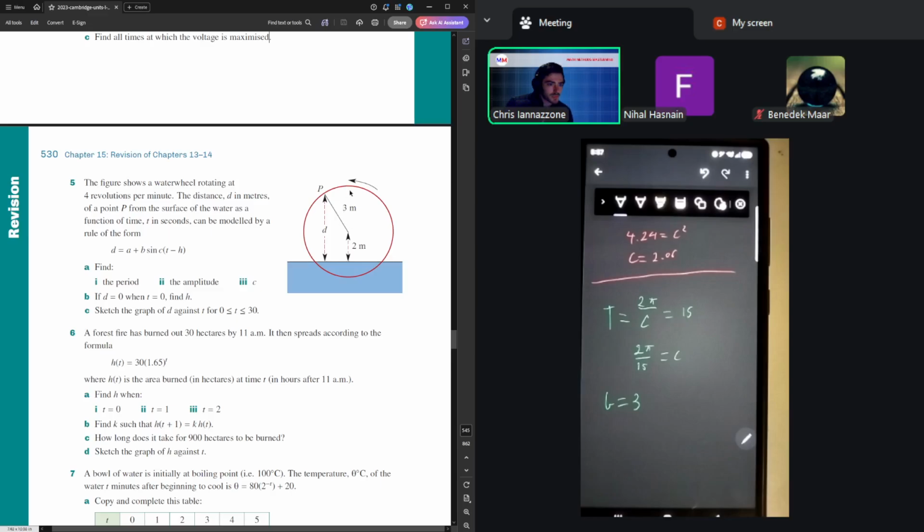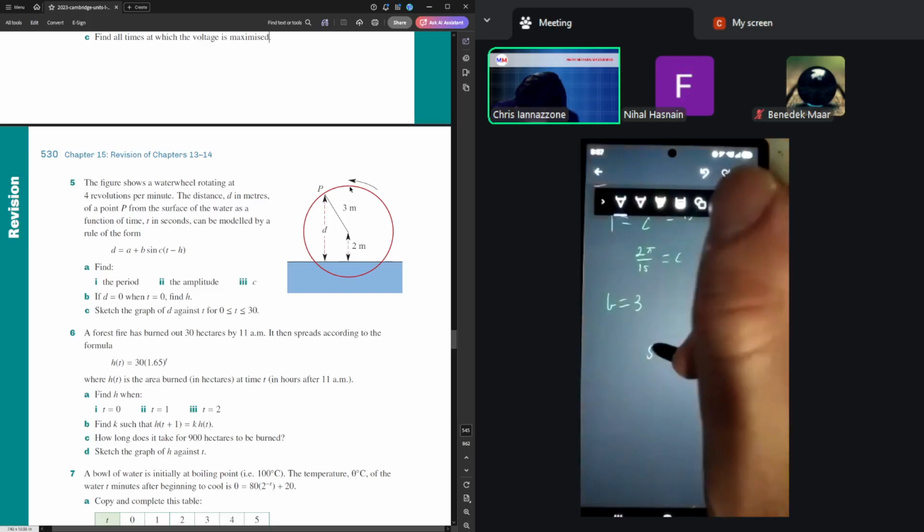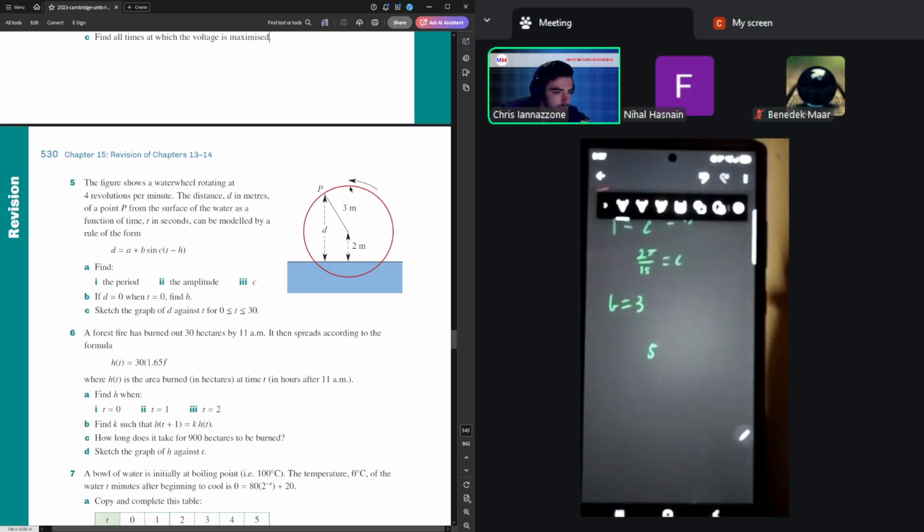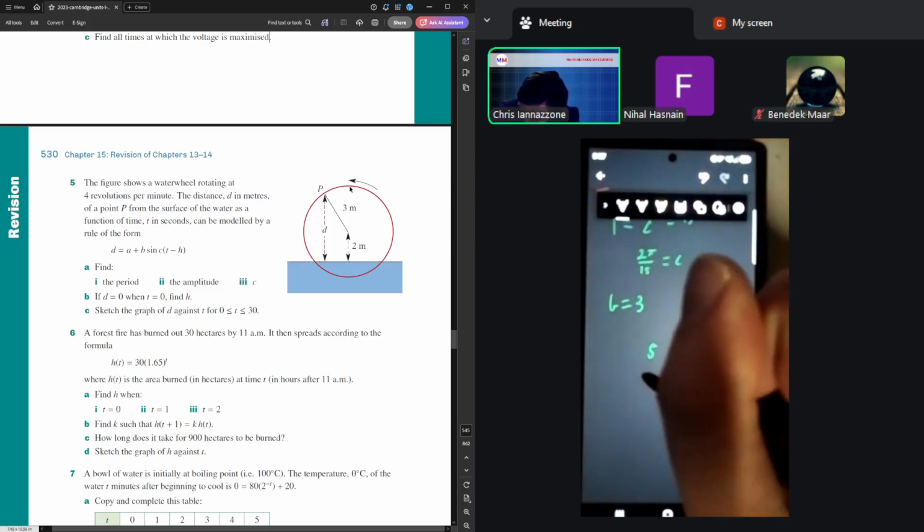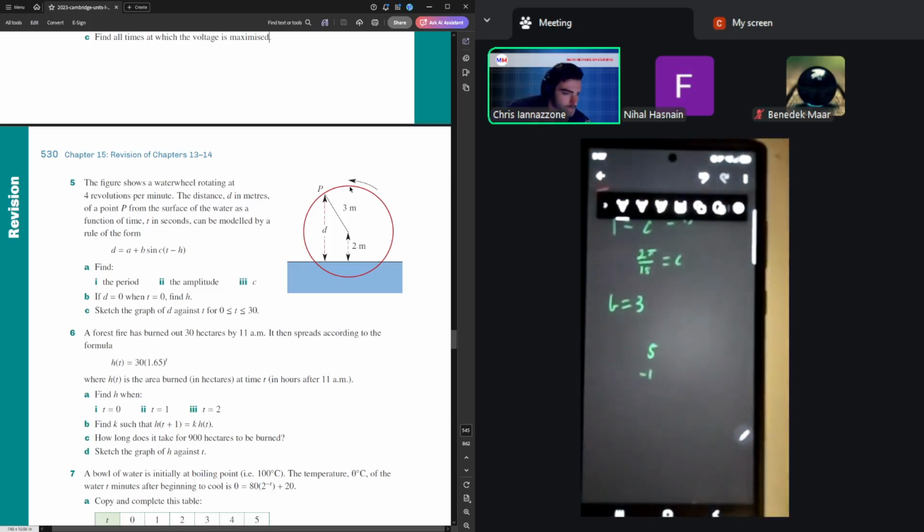The peak of this would be 5 at its absolute maximum, and it'll be -1 at its minimum, because 2 from the floor, and then 3, the net difference there being -1.